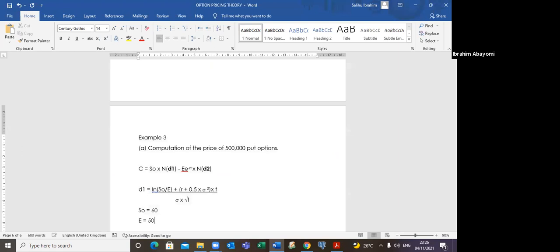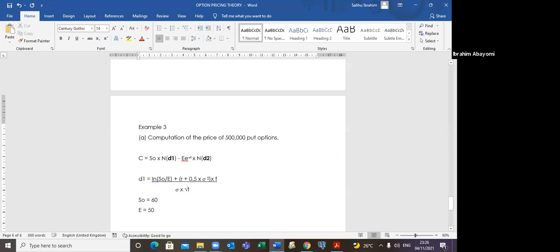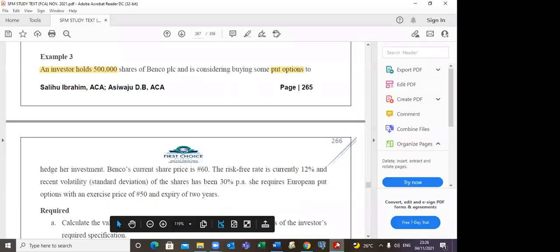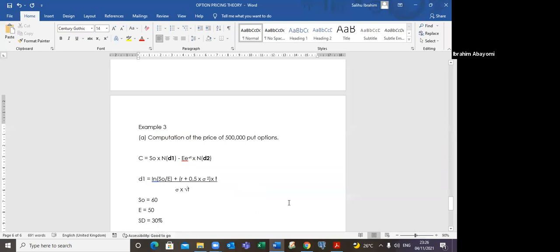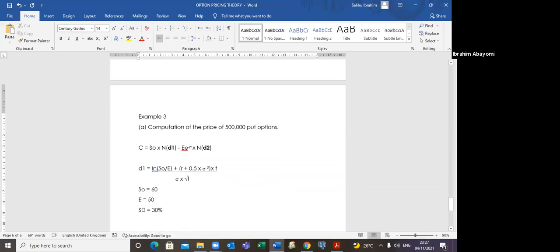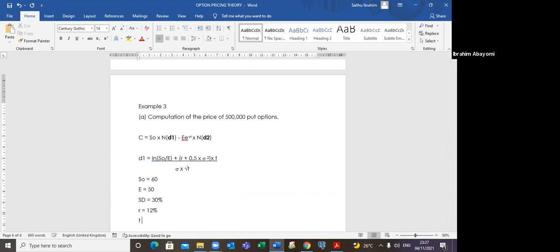So 50, volatility, that's standard deviation, 30%. Risk-free rate is 12%. Time to expiry is 2 years.